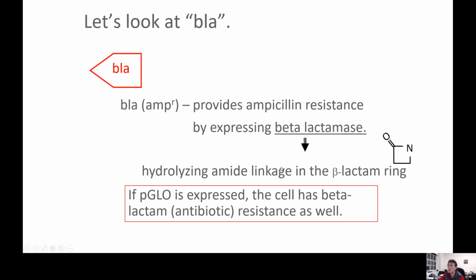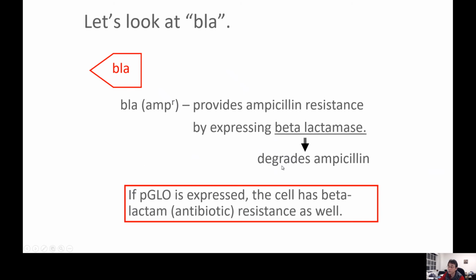Just so that you know, for our case, we are using ampicillin, a penicillin derivative. So if pGLO is expressed, the BLA gene is also expressed, and hence it provides antibiotic resistance.